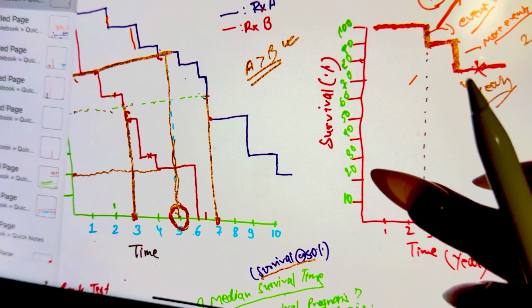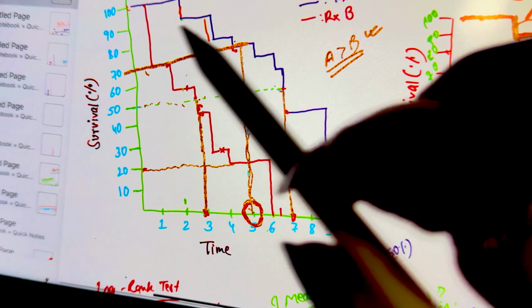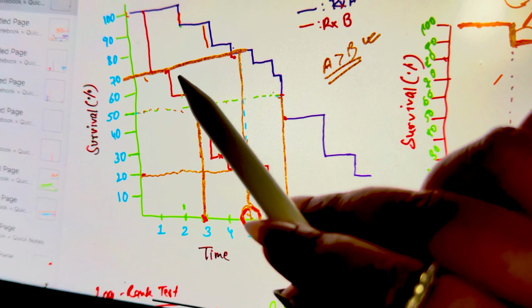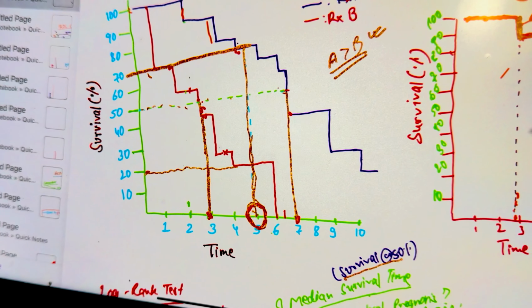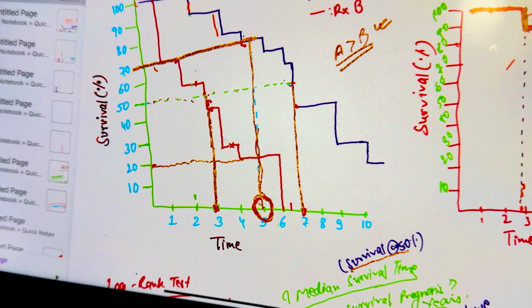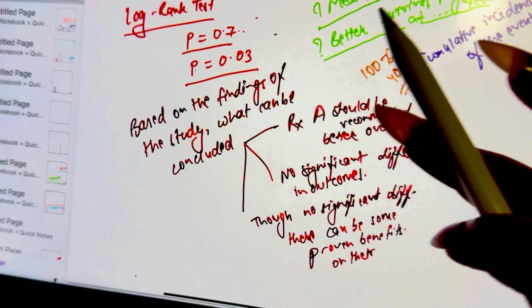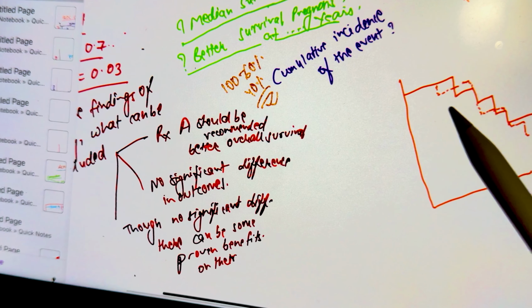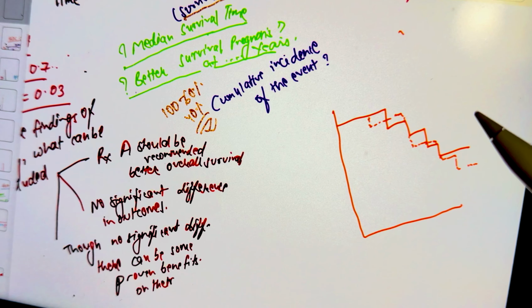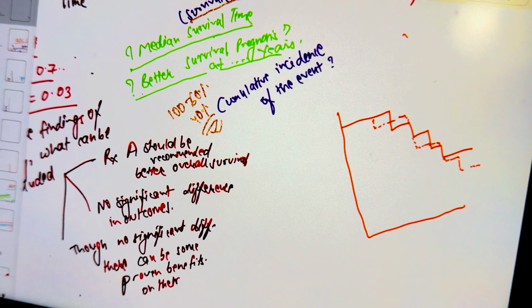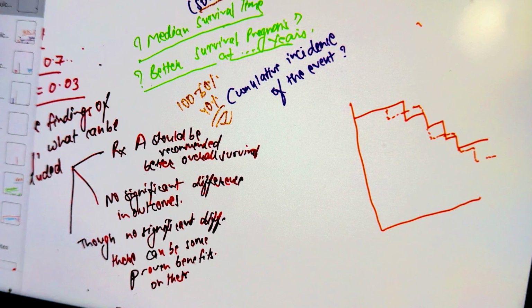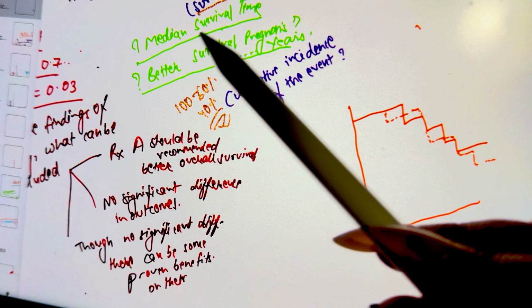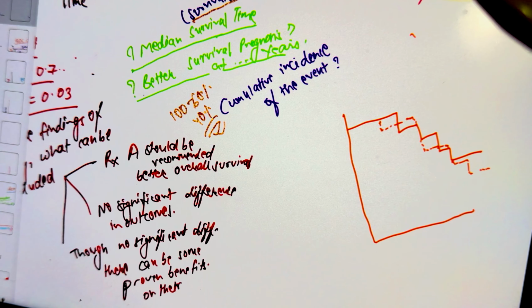The other one is, here the two Kaplan Meier graphs are not crossing each other, right? But there can be certain conditions where two Kaplan Meier graphs can cross each other, in this kind of Kaplan Meier diagram. In those cases we can't compare, we won't be able to derive the median survival time or better survival prognosis.